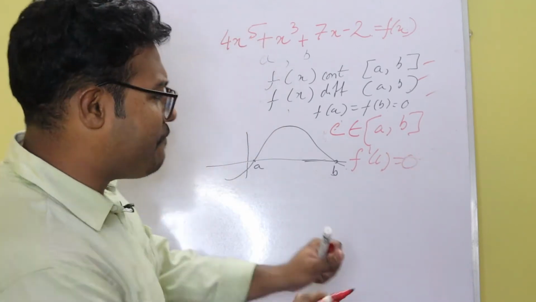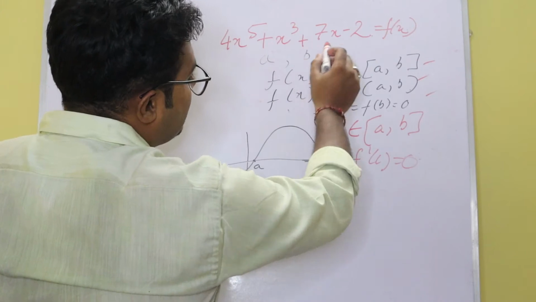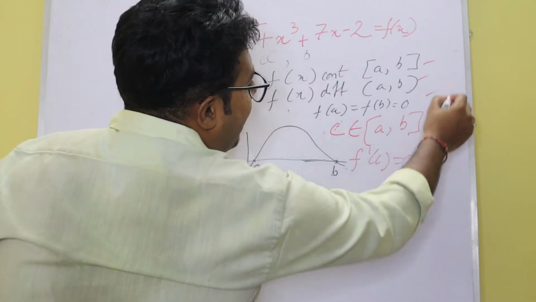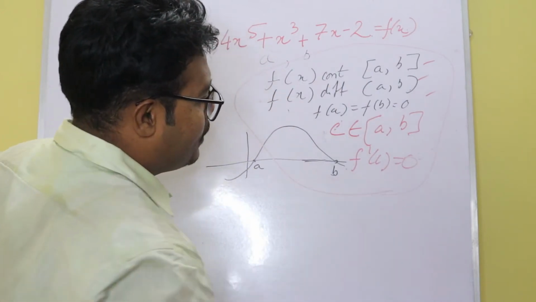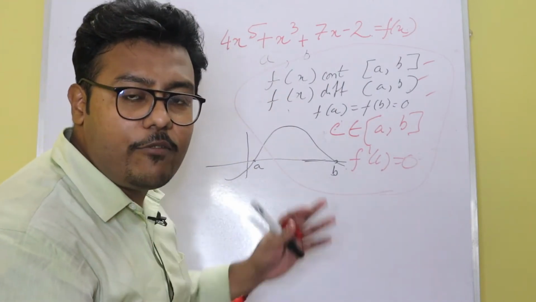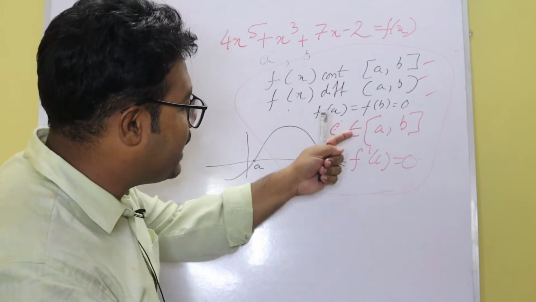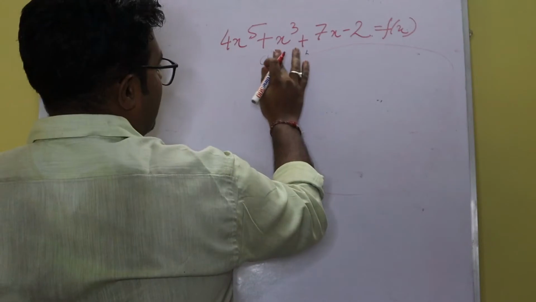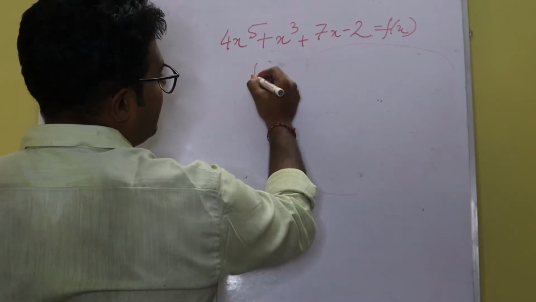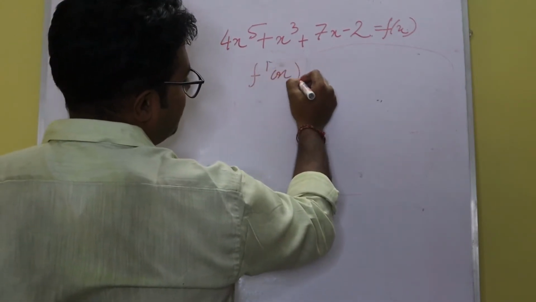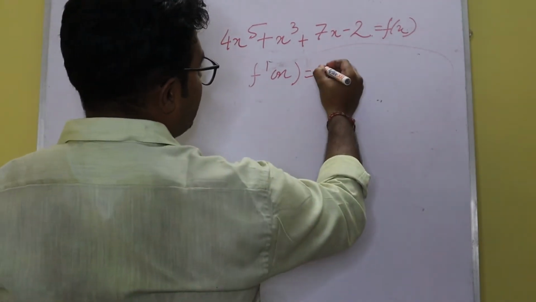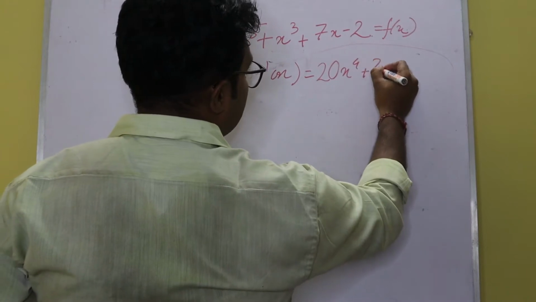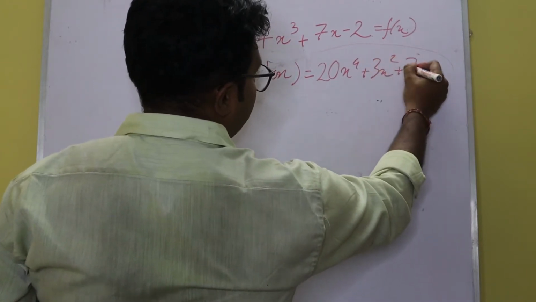And we just have to prove, based on this part only, that it has exactly one real root. Now we have Rolle's theorem in our hands, and we have to follow the concept and we will reach our destination. If we differentiate this f of x now, what we get is 20x to the power 4 plus 3x squared plus 7.